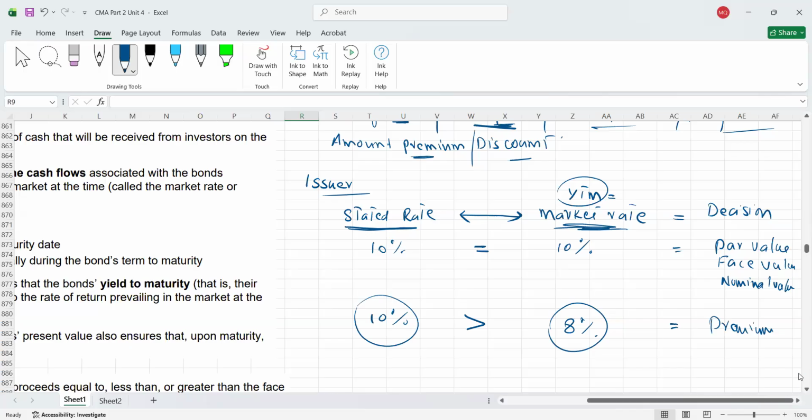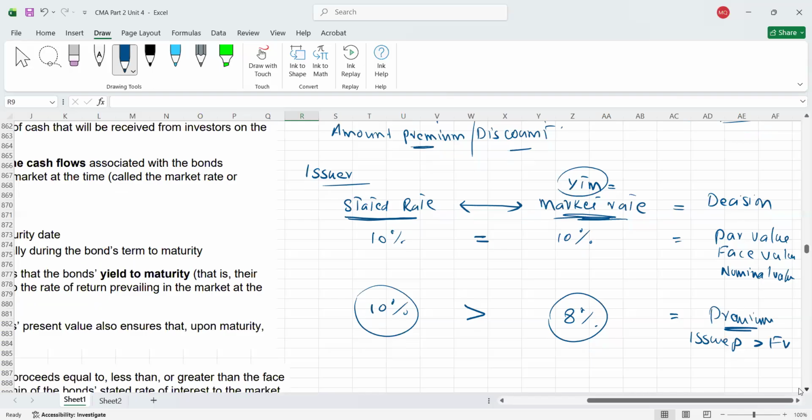So the bonds will be issued at premium. Premium means the issue price is going to be greater than the face value. For example, if face value is $1,000 but you are issuing bonds at $1,050, then $50 is known as premium.